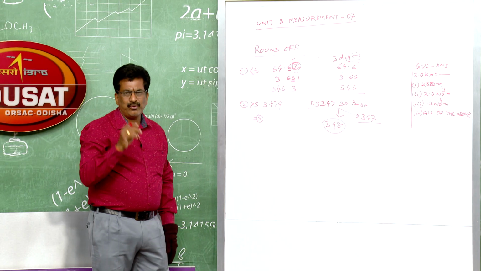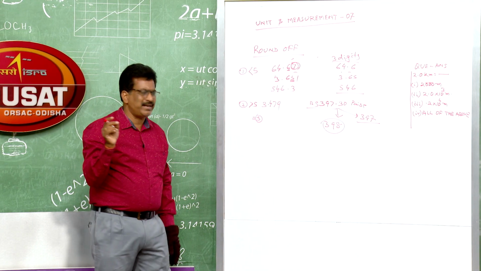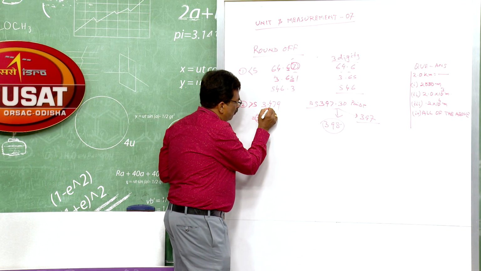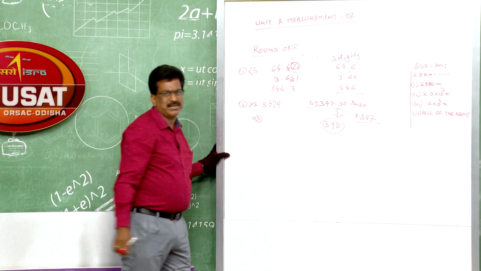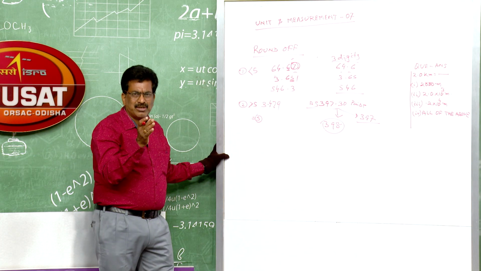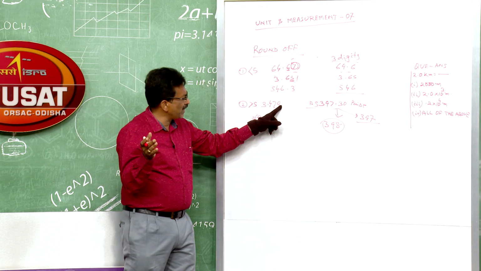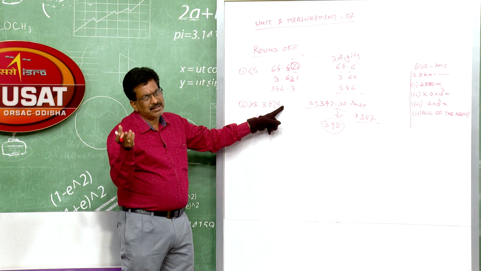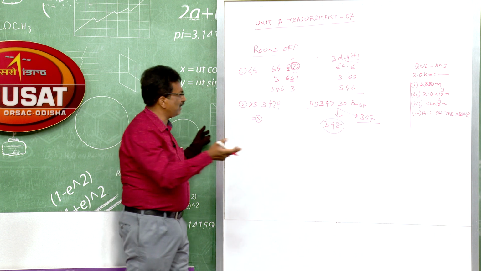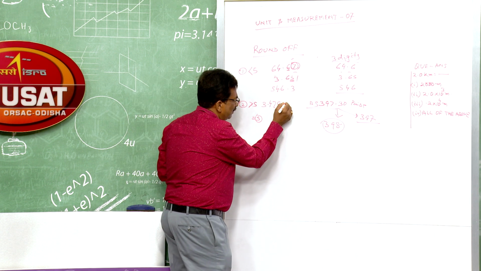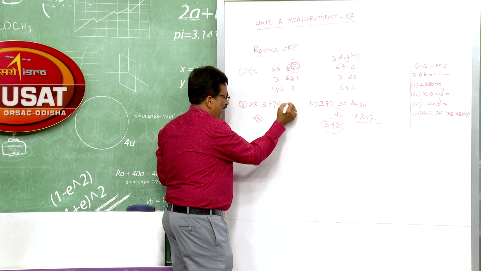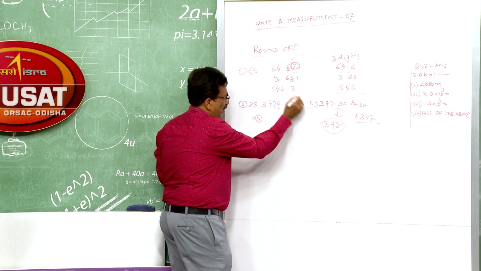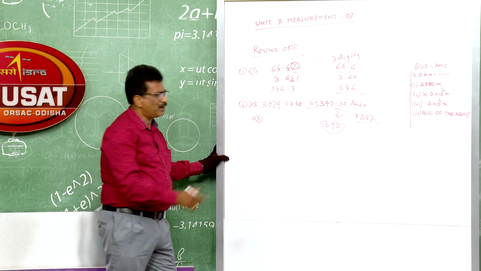We have to round up to 3 digits, so that is the 7. The 7 is followed by which one? 9. 9 is what? Greater than 5. If it is greater than 5, then we have to add 1, so it becomes 3.48. Clear?